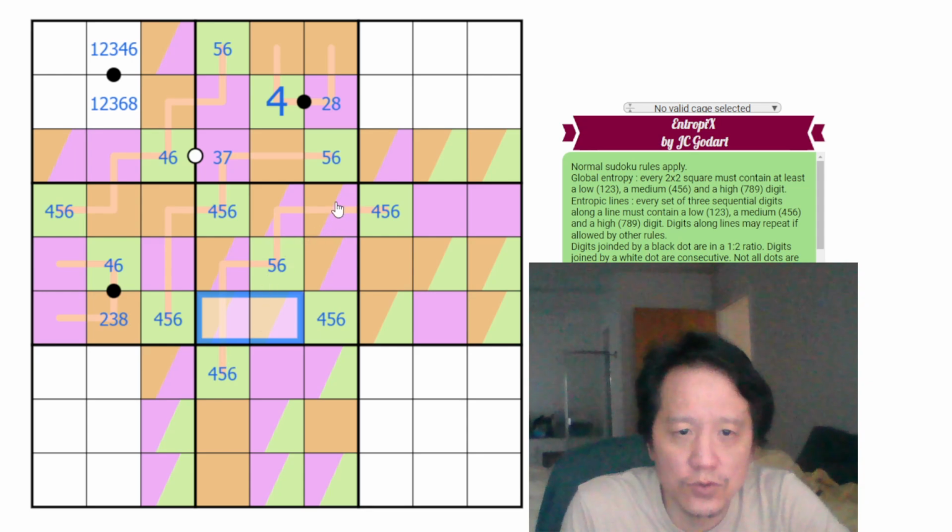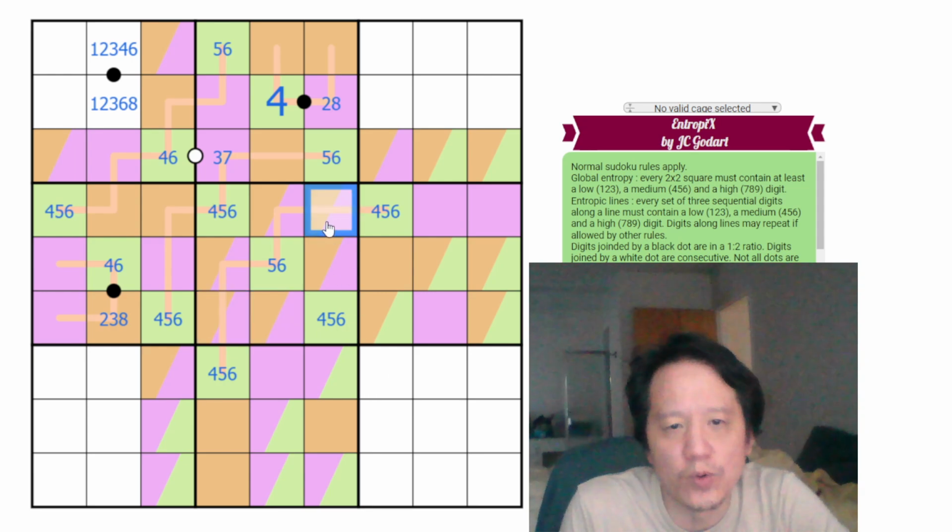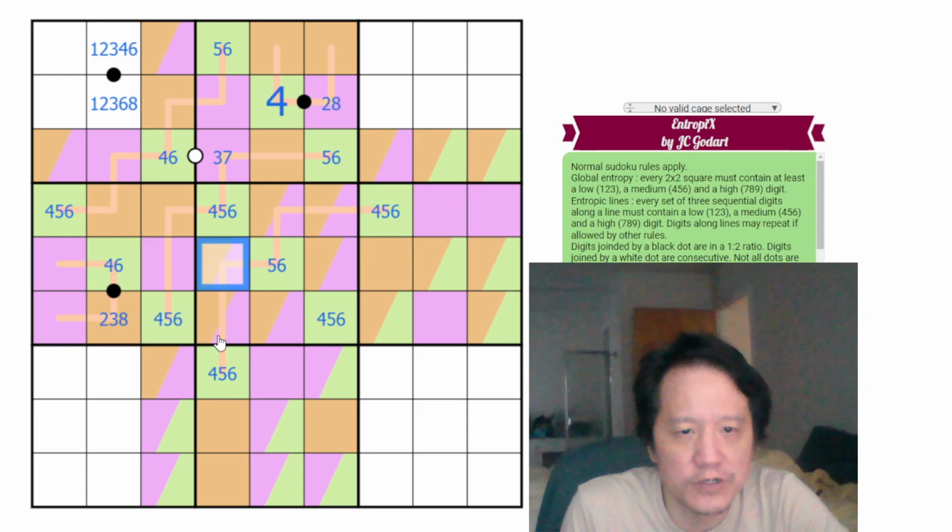Okay, so interesting. Hold up. So say this was orange, then this would be orange. This would be pink.